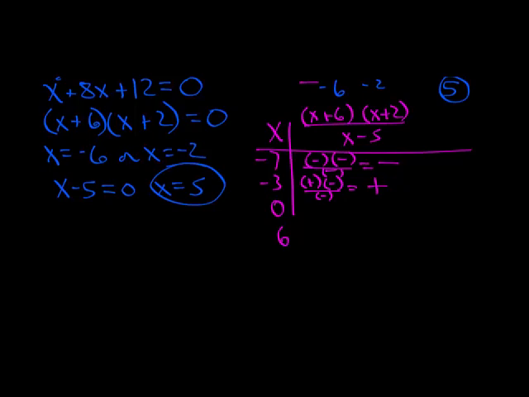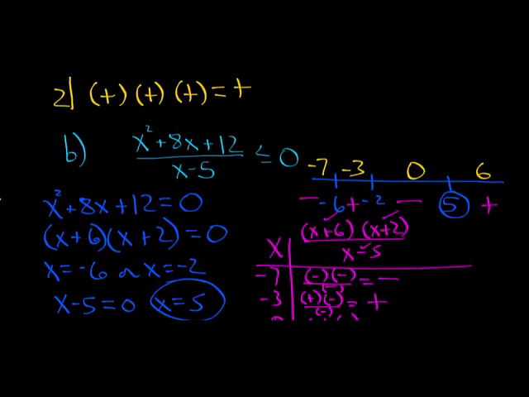That gives me a positive. So I get a positive between -6 and -2. Now, if I put in a 0, I get a positive, and a negative. That gives me a negative, so it's negative over here. And then if I put in a 6, well, heck, I get positives all across. The first factor is positive, the second factor is positive, and the third, so that's positive.